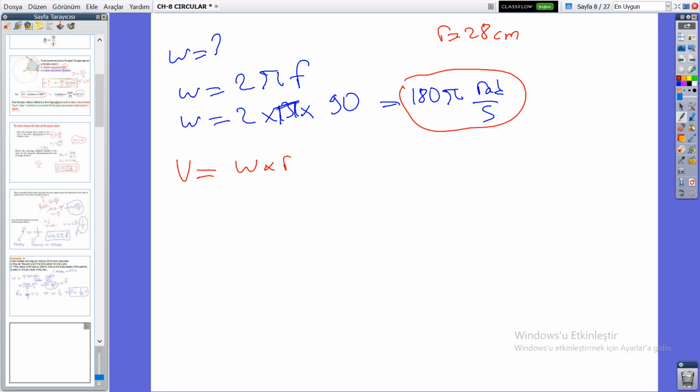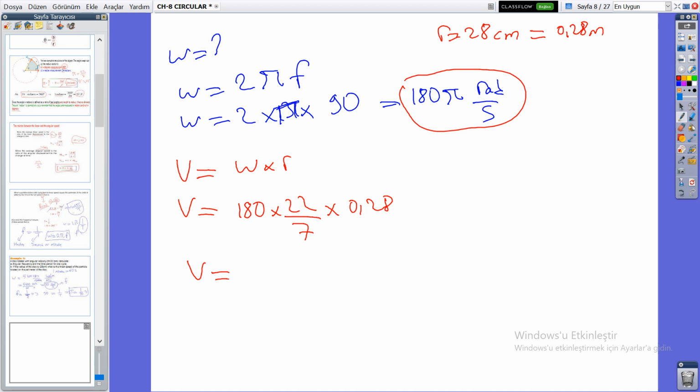We must convert centimeters to meters: 28 centimeters equals 0.28 meter. Linear speed equals 180, and pi we can accept as 3, but in this equation it is not given, so we accept the real number, 22 over 7, multiplied by 0.28.